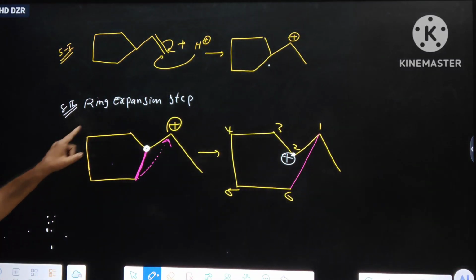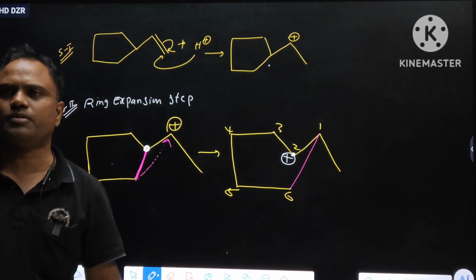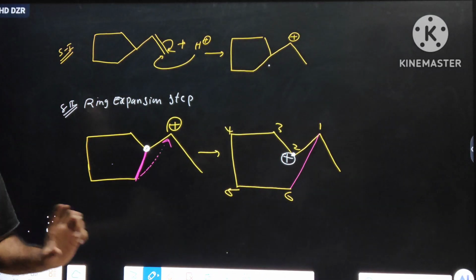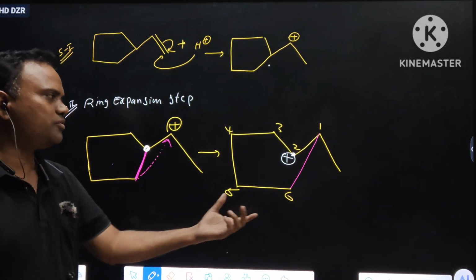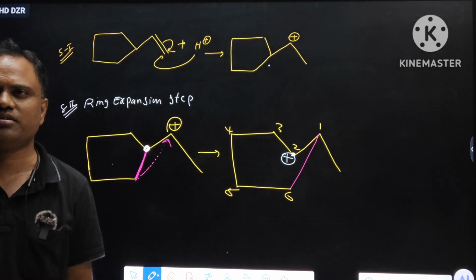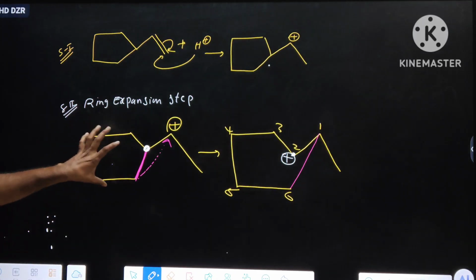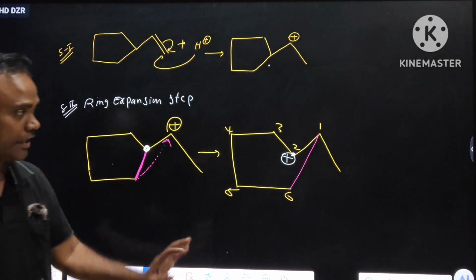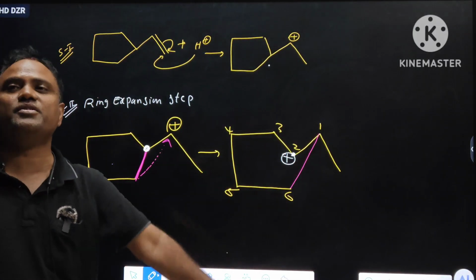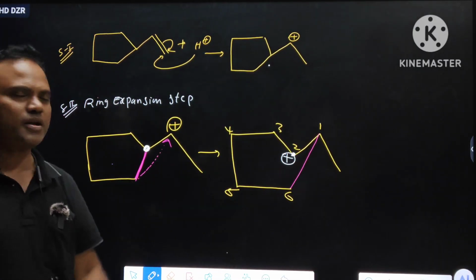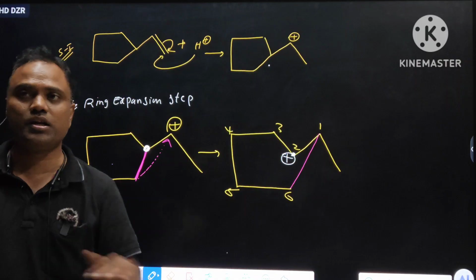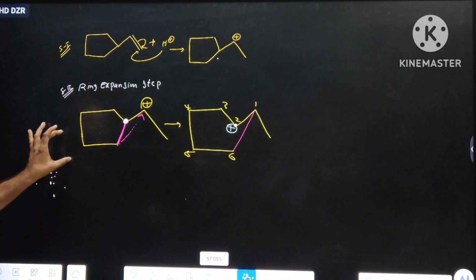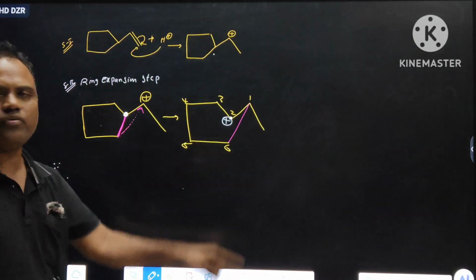A kind of rearrangement only, but that word is dominated by the word ring expansion, because we can clearly observe the change in ring size. Again rearrangement takes place. The next step is a rearrangement only. Ring expansion and rearrangement take place parallelly.